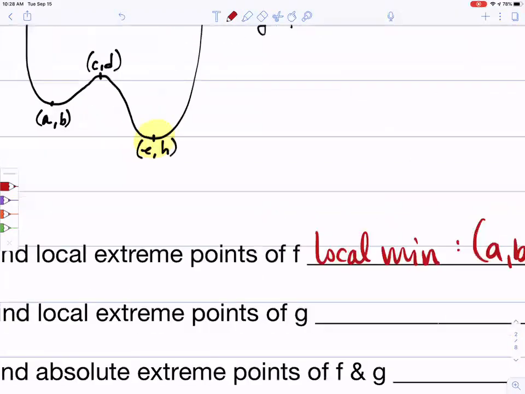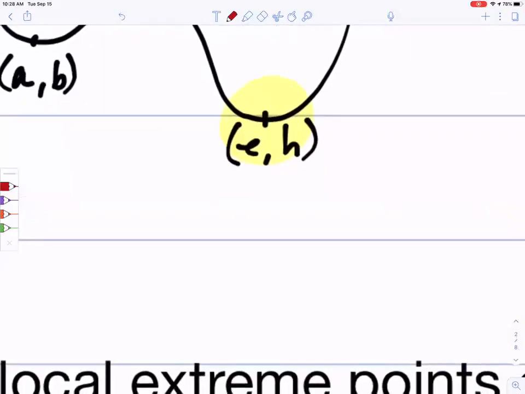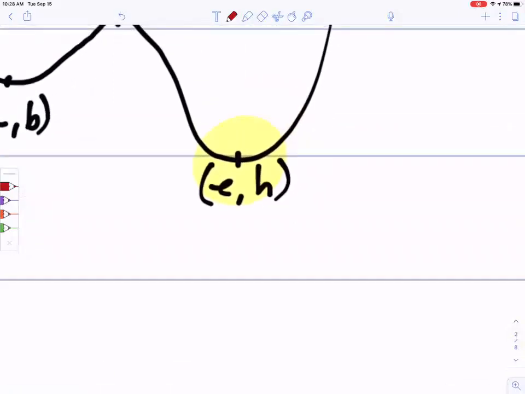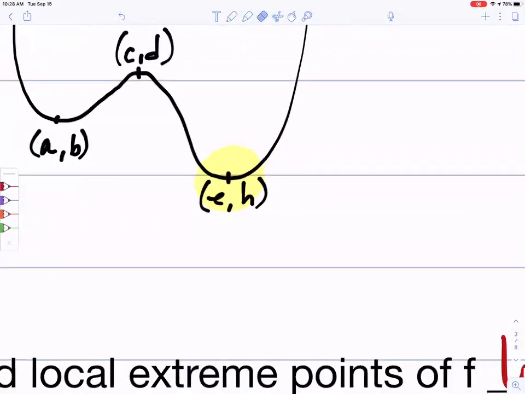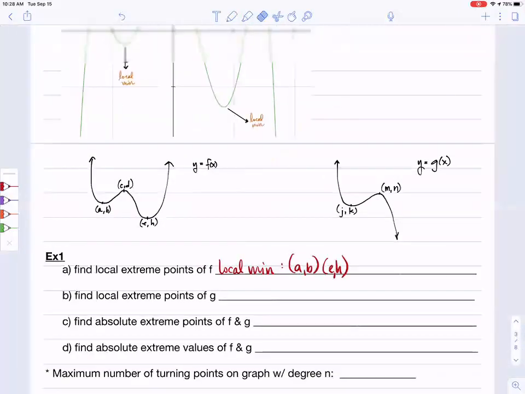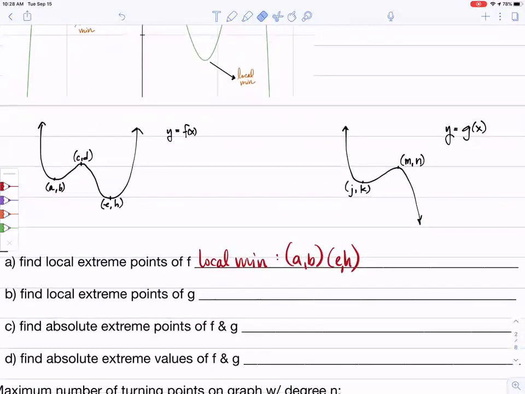It's just the tail of my E. Oh, okay, sorry. So that you'll know why I only put EH instead of a negative EH. Those are my local mins because in their local little neighborhood, they are the low guy on the totem pole. And then I have a local max occurring at CD.